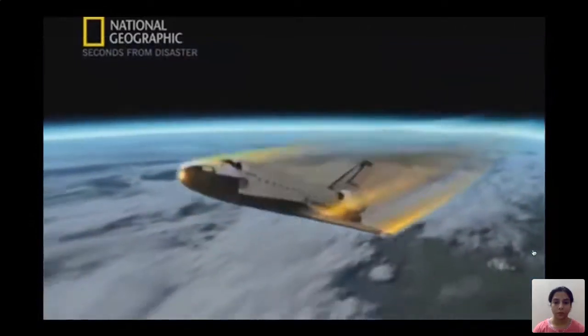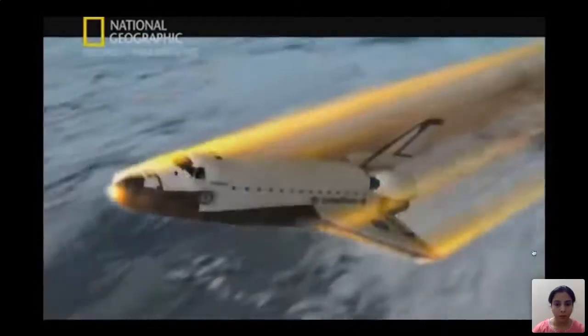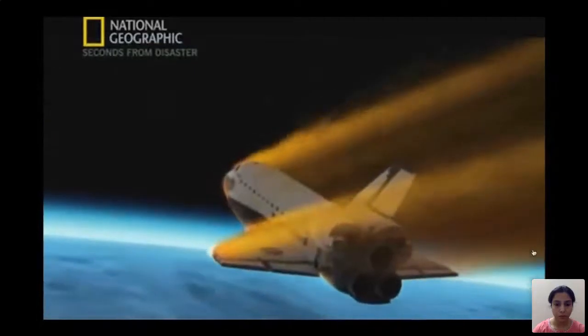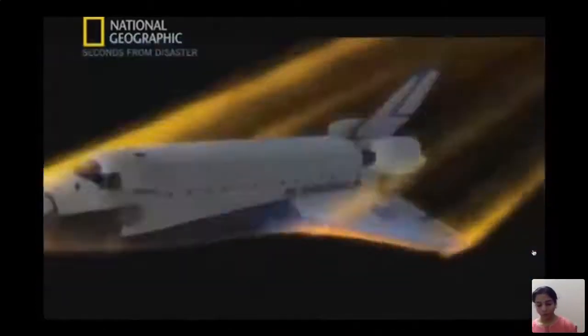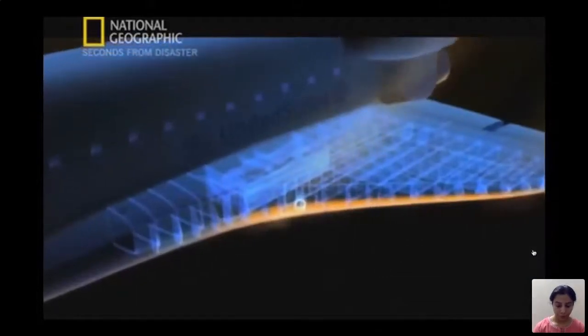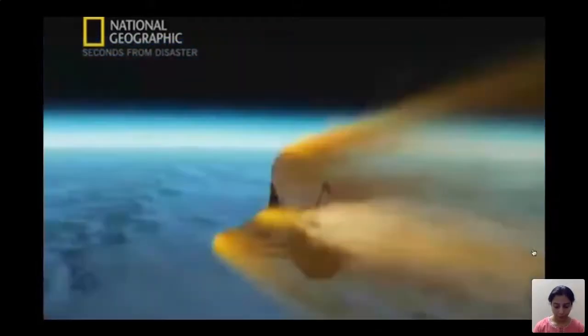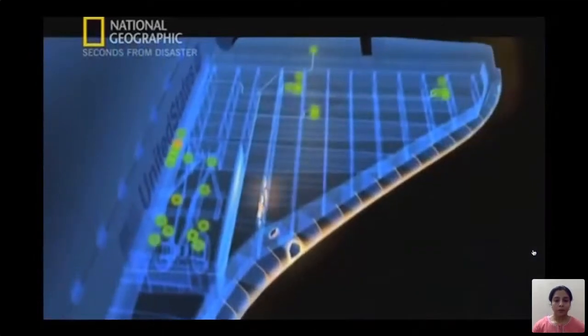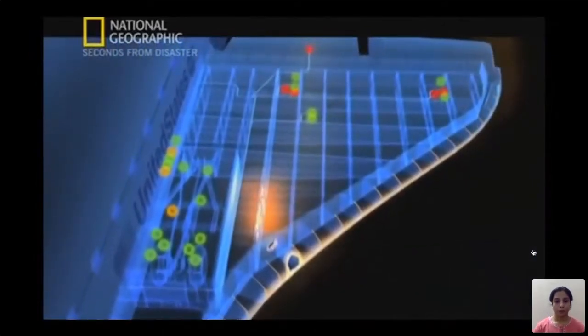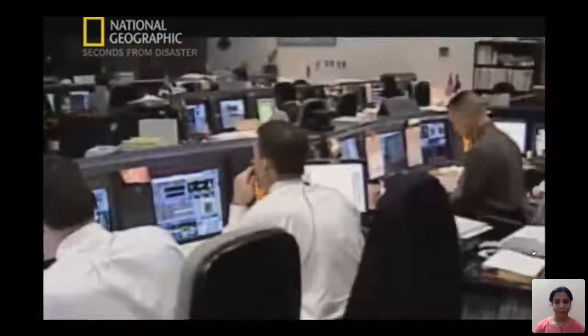Columbia hits the Earth's atmosphere at almost 28,000 kilometers per hour. The leading edges of its wings reach 1,400 degrees Celsius. That was amazing. It's really getting really bright out there. Wow. Like a blast furnace. 9 minutes. The data recorder reveals that the gaping breach in Columbia's left wing causes drag on its left-hand side. Superheated gases penetrate the wing at 4,400 degrees Celsius. Heat sensors in and around the area show extreme temperature spikes. 6 minutes left. Now temperature sensors start to go offline as superheated gases burn them out.